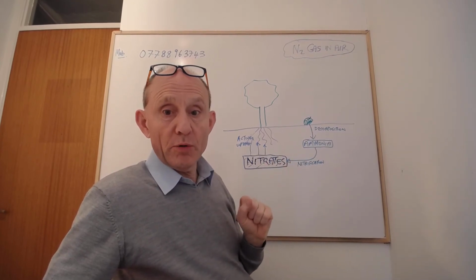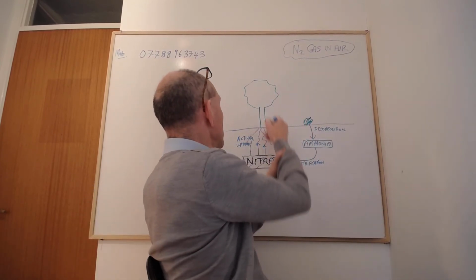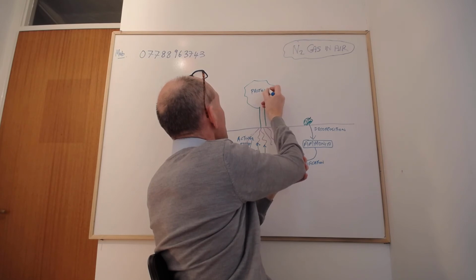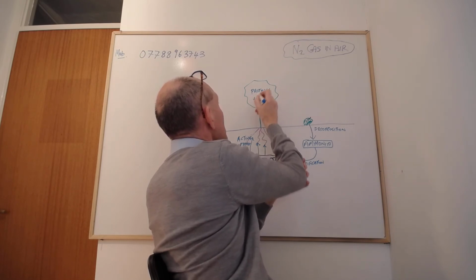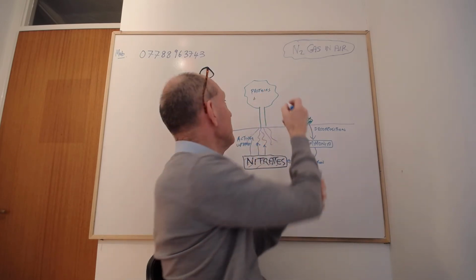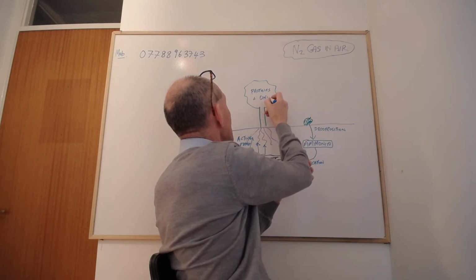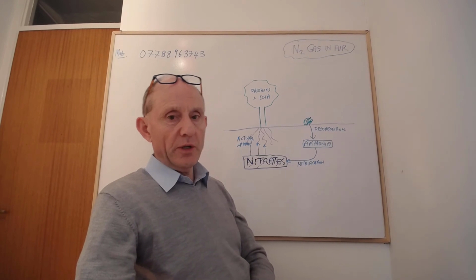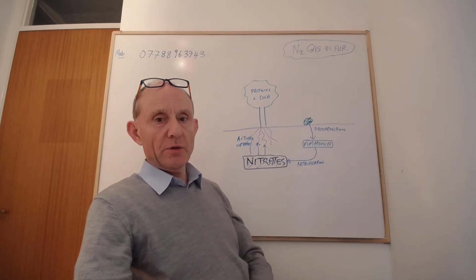You might remember both proteins and DNA. So you would say that the nitrates are needed to make proteins, and you could say nucleic acids. I'm going to say proteins and DNA just. So that's what the nitrates are taken up by the tree for, so the plant cells can make their proteins and their DNA.